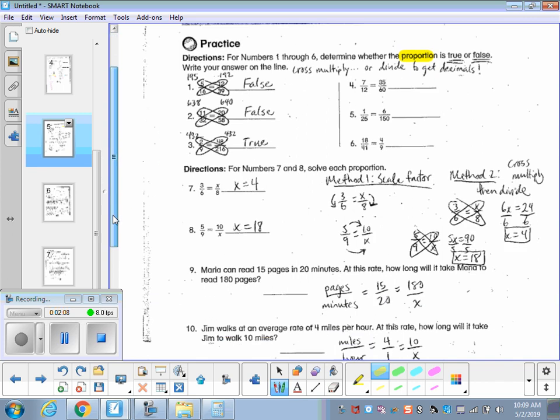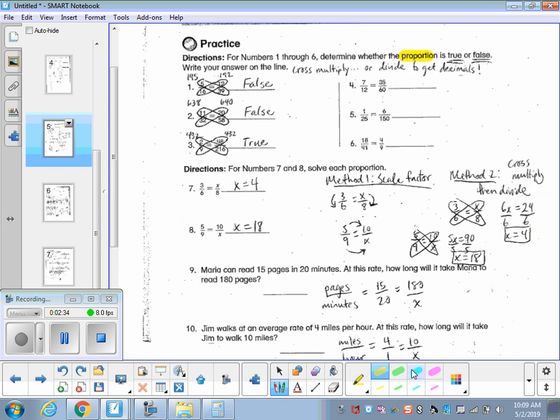All right, now for questions 7 and 8, where we want to solve a proportion for the unknown. Well, we know that 3 times 8 is 24, and so we want to know 6 times what would also equal that same 24. So that's the second method where you cross multiply and divide. If 3 times 8 is 24, 6 times what is 24, and when you divide, you get 4.